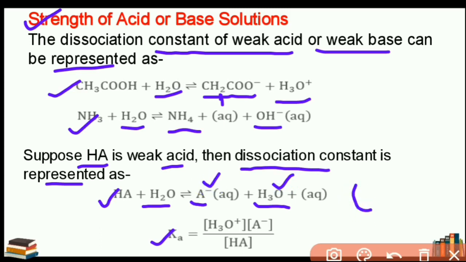Square brackets show the concentration of ions, and then divide by the concentration of HA. Here we do not take the concentration of water because it is a solvent. In this way we can calculate the dissociation constant of an acid, and similarly we can also calculate the dissociation constant of a base using this formula.